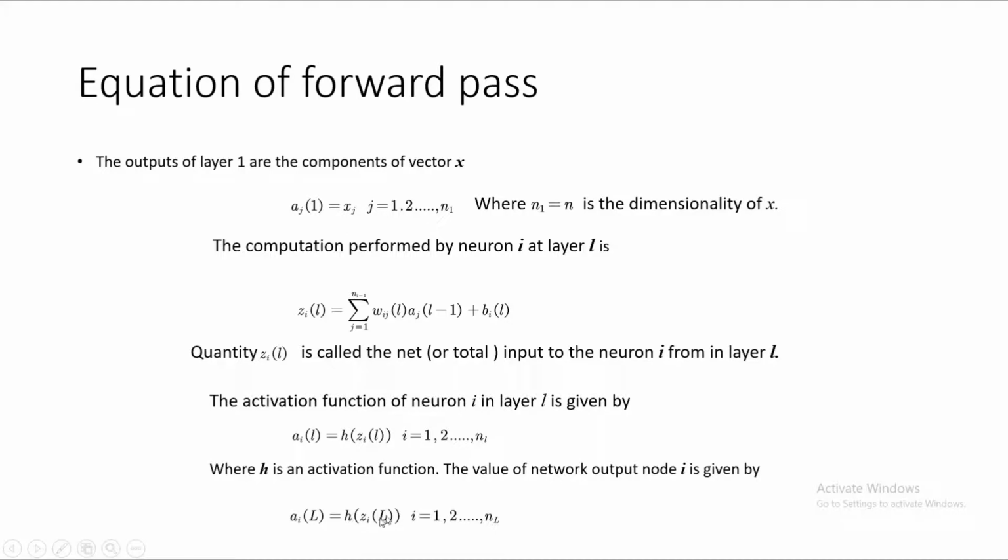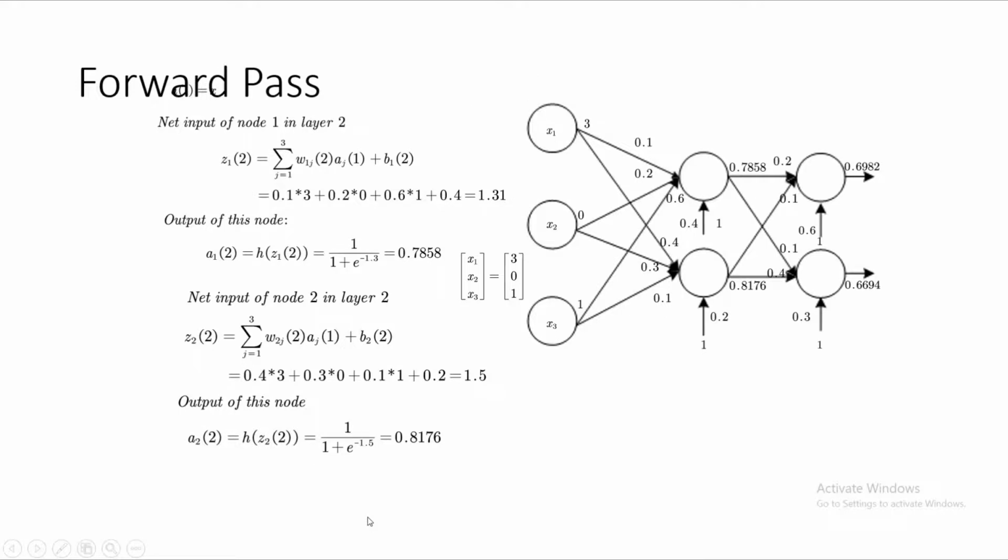Let us see a simple example for this. Here also, as I have said before, we assume the weights, and here is a simple numerical example. This figure shows a 3-layer neural network, consisting of an input layer, one hidden layer, and one output layer. You can see here the input layer, one hidden layer, and one output layer.